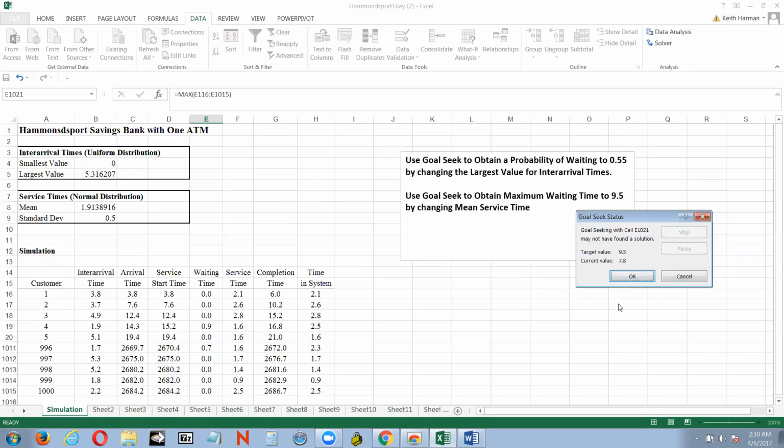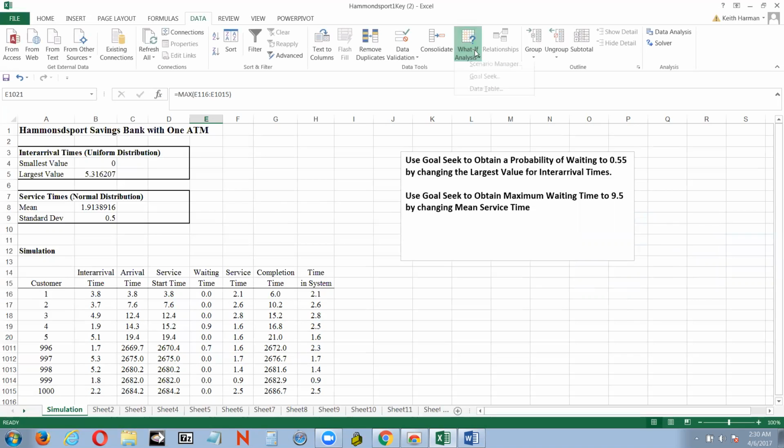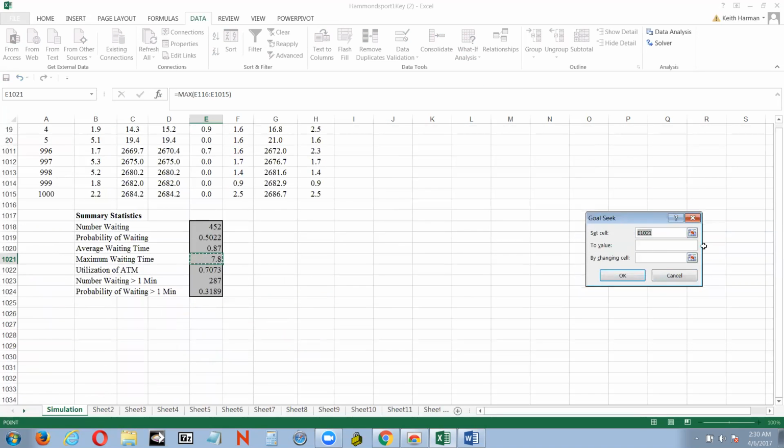I'll do the goal-seek again. I'm going to set that to 9.5, by changing cell B8.